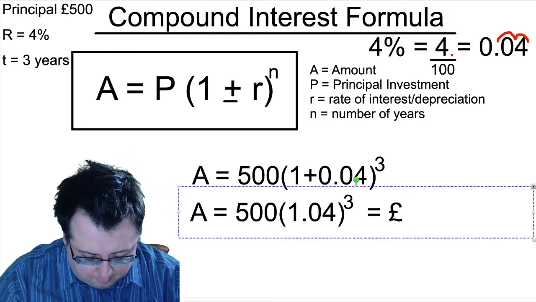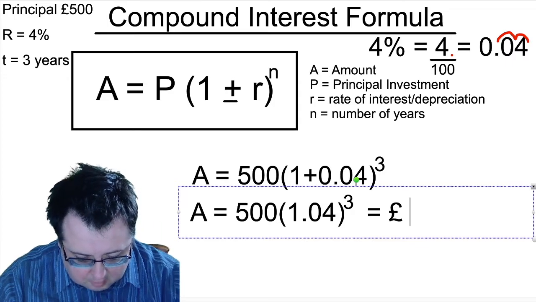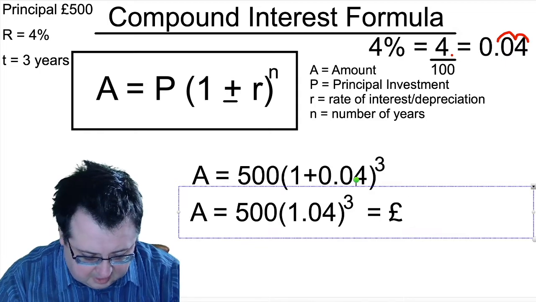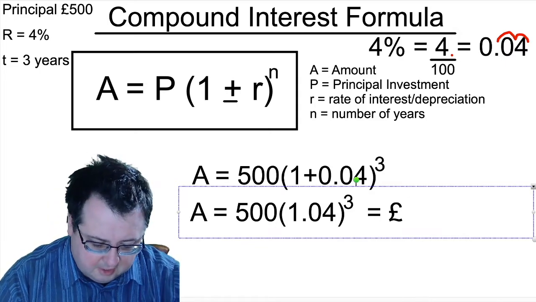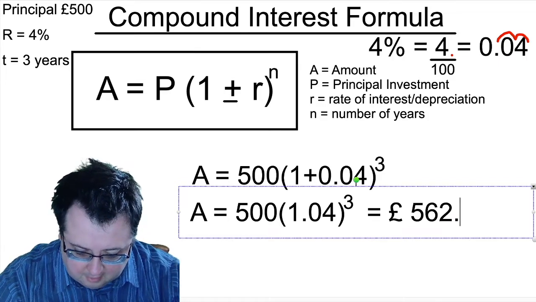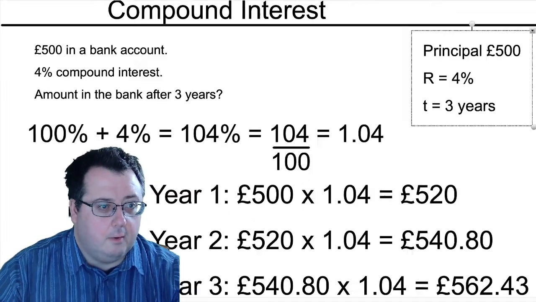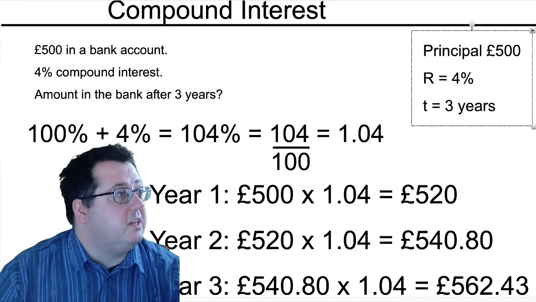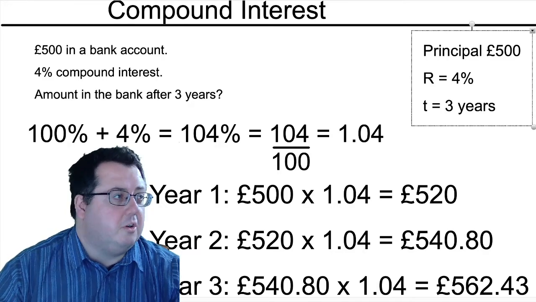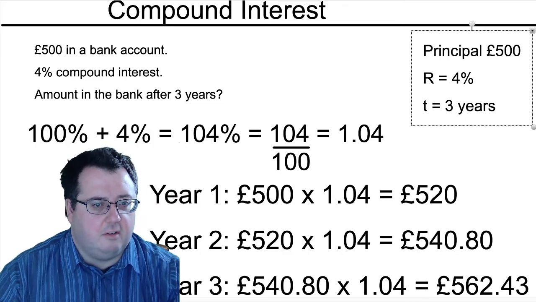So 1.04 to the power 3 is 1.124864, and then if I times that by 500, that will give me 562.43. Now if you remember from the original example, 562.43 was my final answer, but I've not gone through all of the different steps that I did there.